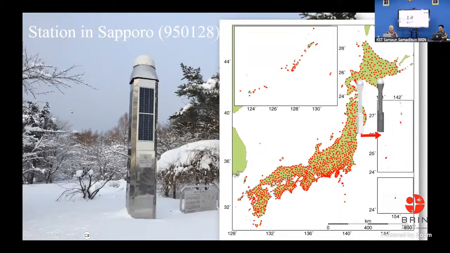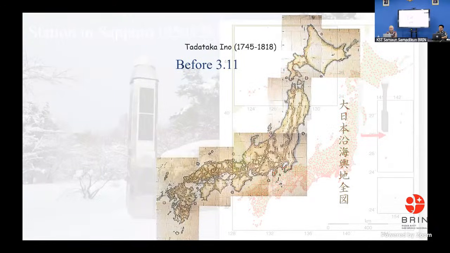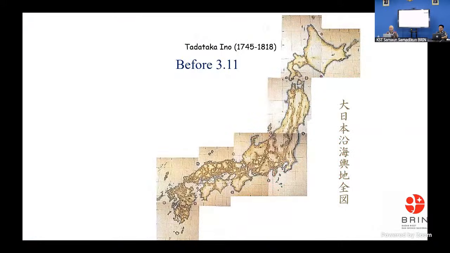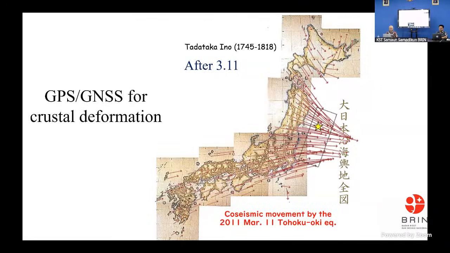Its main purpose is to measure the movement of the stations by events like earthquakes. For example, we can map the crustal deformation by this earthquake using this network. That is the purpose this network was deployed.